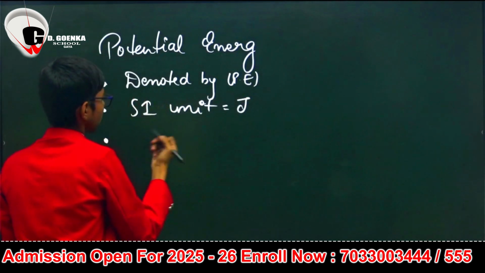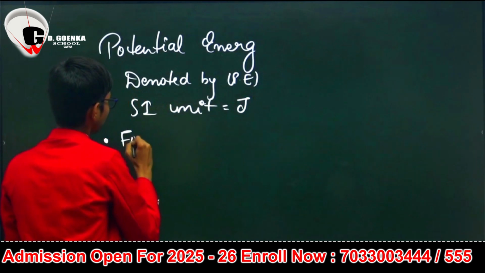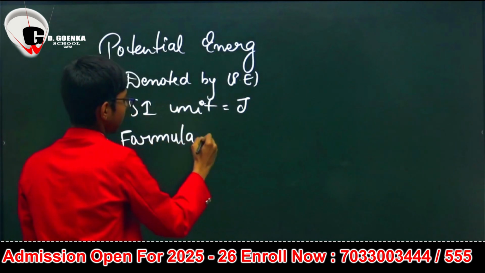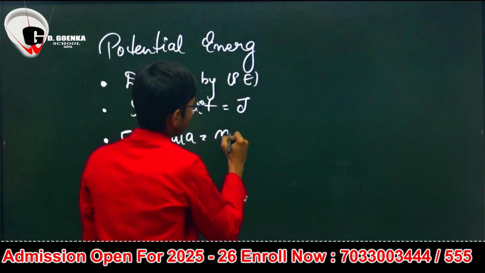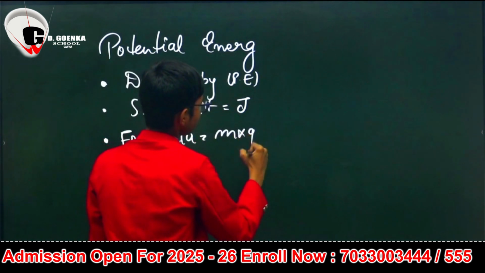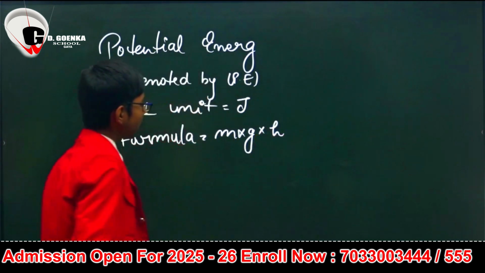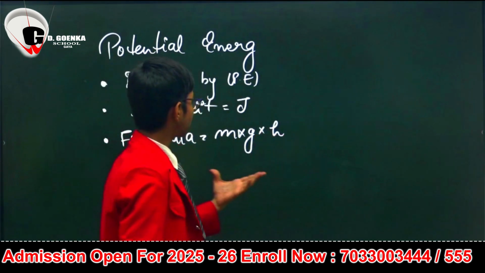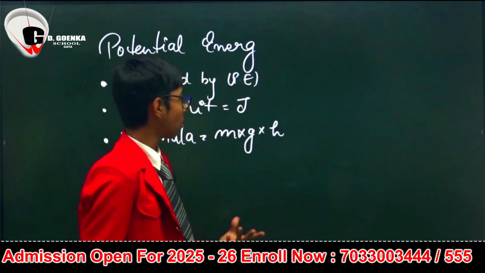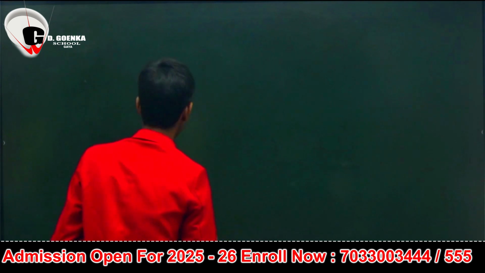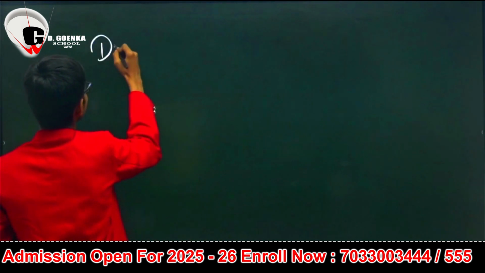Again the formula of potential energy is mass into acceleration due to gravity into height. So again we should know from where this formula came, how to derive this formula. So it is also very simple. Let's move to the derivation portion.